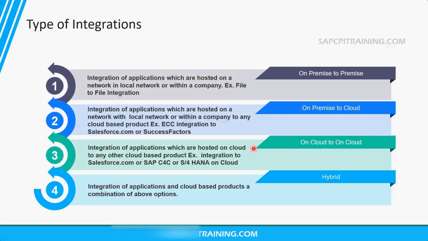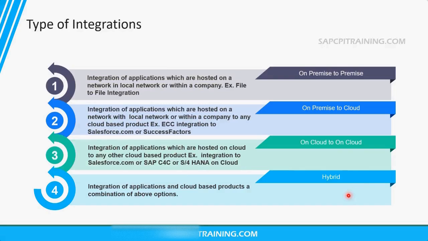Even if the customer has the bulk of the integrations on cloud applications, and still they have invested in any on-premise middleware, the good suggestion to give the customer would be that it is better to go with cloud, because anyway your future roadmap is aligning to that and most of your applications are on the cloud. Then you should go with a cloud-based middleware.